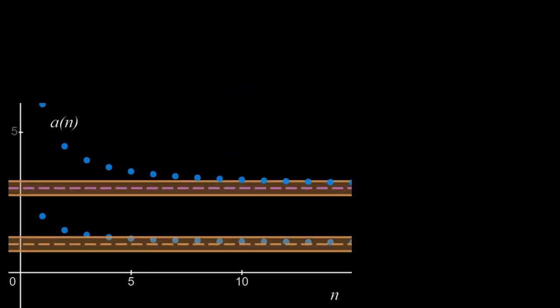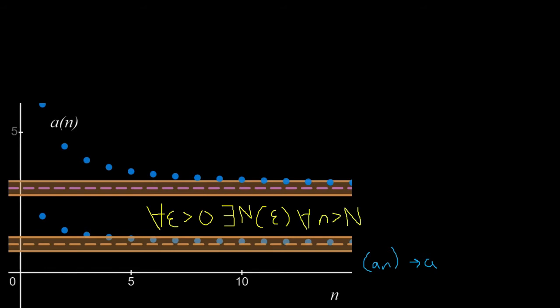So let's first assume that our original sequence converges to a. Meaning for all epsilon greater than 0, there exists some natural number N of epsilon such that for all n greater than N of epsilon, the absolute value of a sub n minus a is less than epsilon.